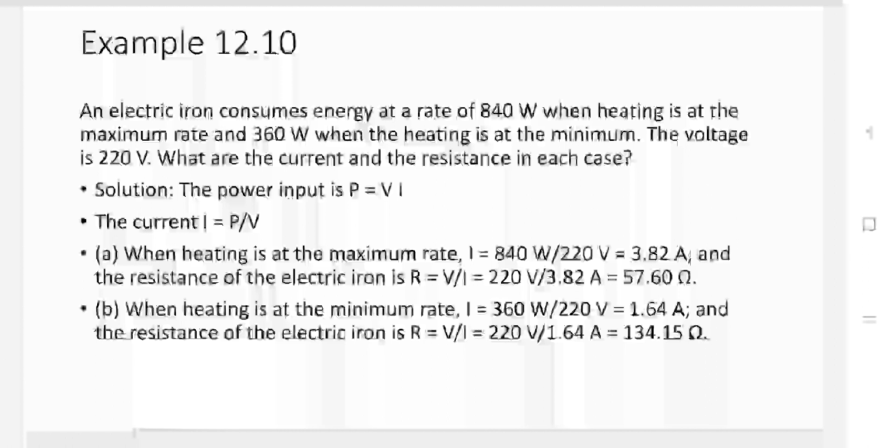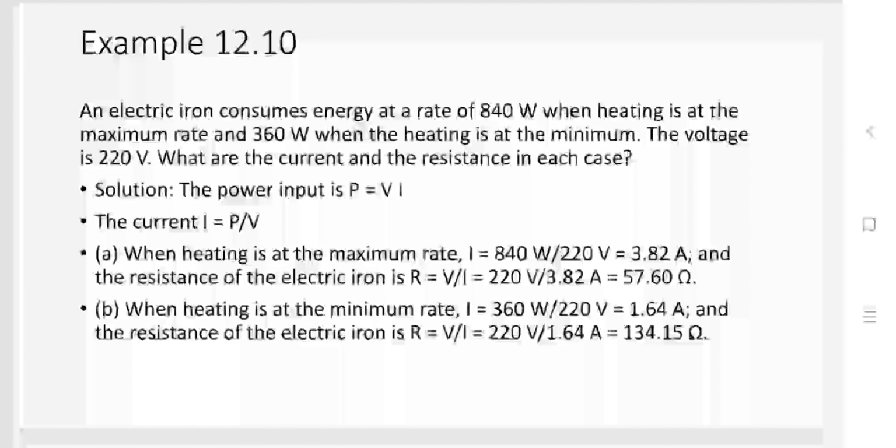Now the resistance R equals V by I. V is 220 volt and the current is 3.82 ampere. So that would be 57.60 ohm. Now in the second case, when heating is at the minimum rate, replace the power value 360 watt instead of 840 from the first case.